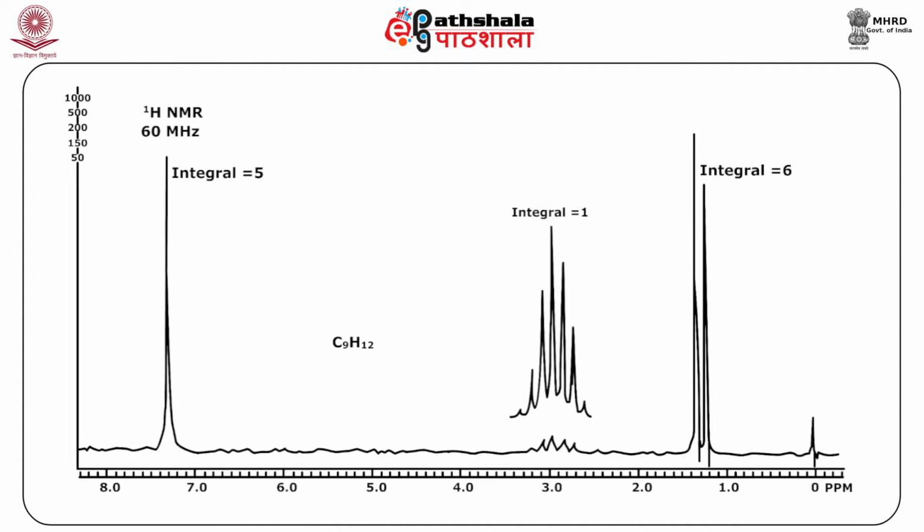A monosubstituted aromatic hydrocarbon has a molecular formula C9H12. The 1H NMR spectrum is given in the data. Identify the structure of the compound. Let's again look at this spectra very carefully.